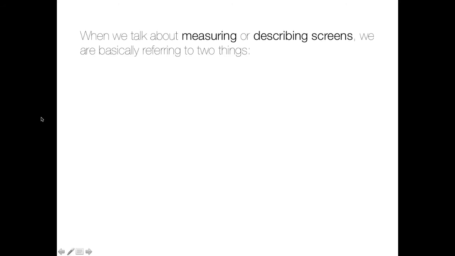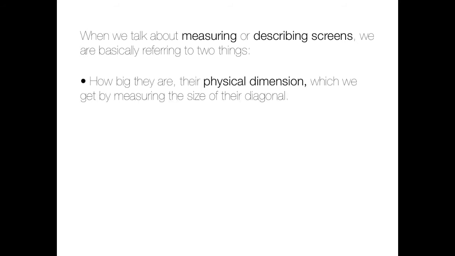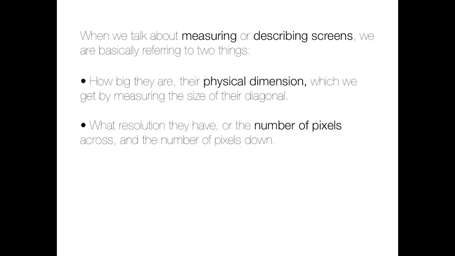Screen resolutions. When we talk about measuring or describing screens, we are basically referring to two things. How big they are, the physical dimension of a screen that we get by measuring the size of the diagonal. We saw this earlier. And what resolution they have, or the number of pixels across and the number of pixels down.